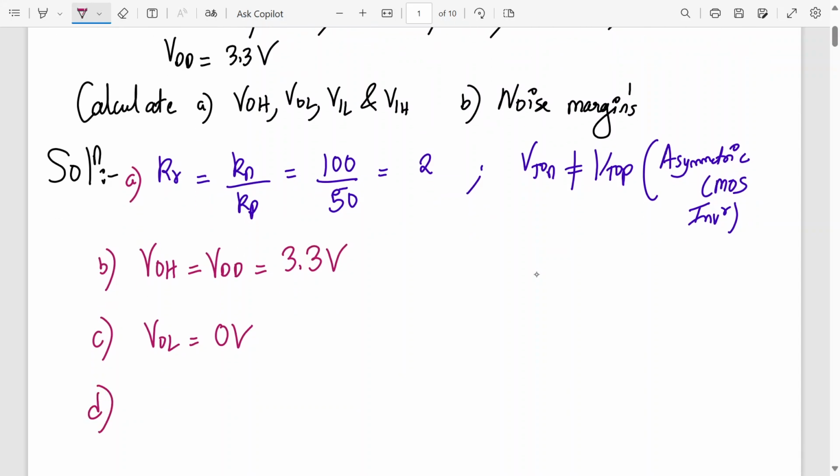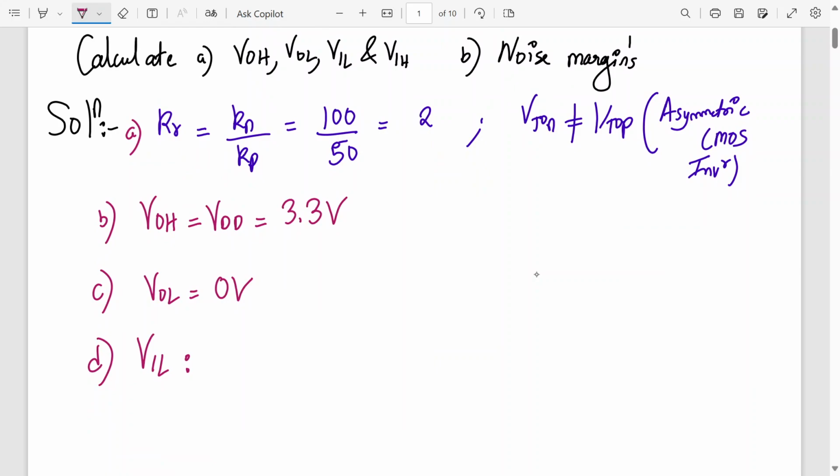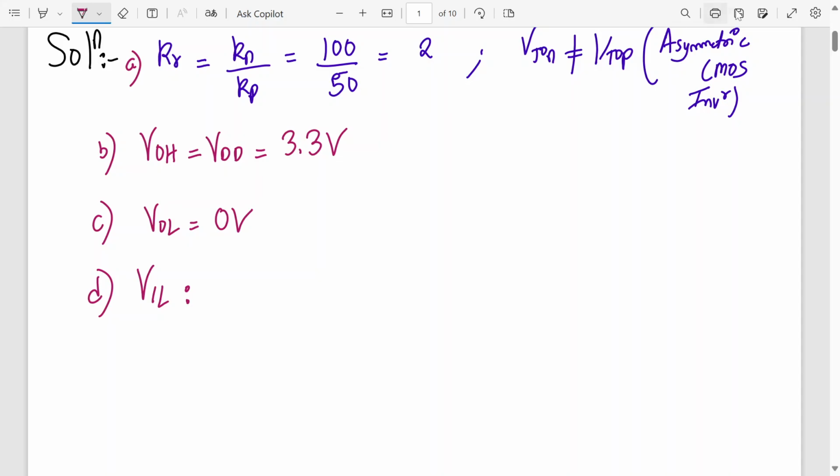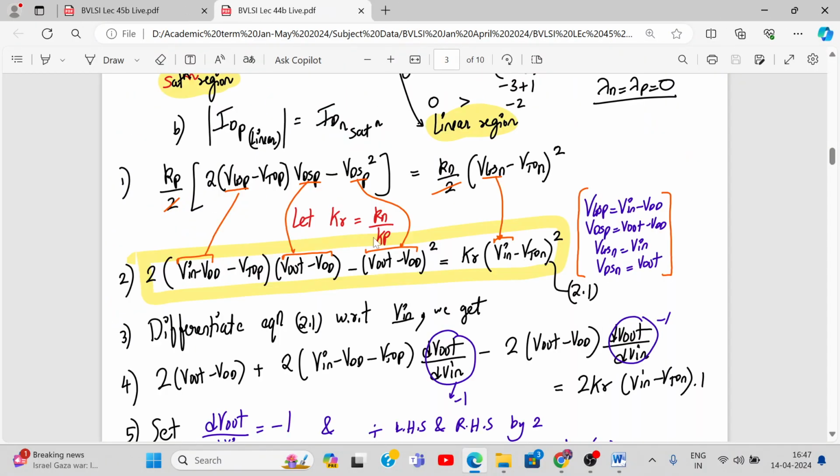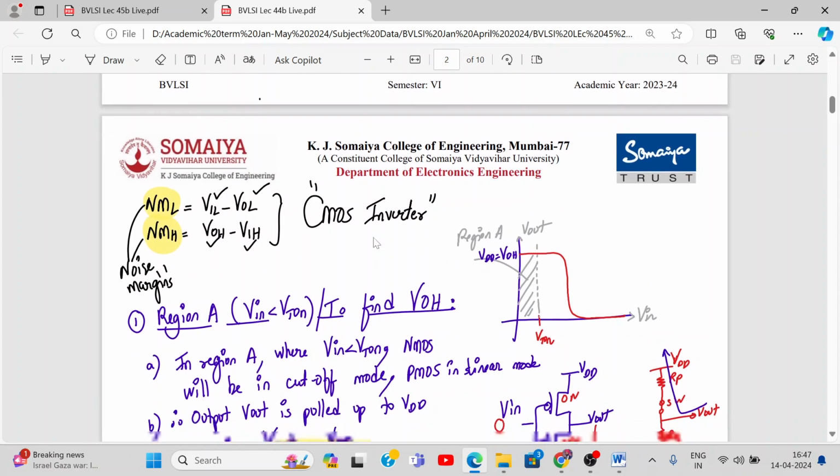Then next is finding the value of VIL. Now this I'll explain as a trick, how to calculate VIL. First of all we have to use the formula. Let me help you with reference to the derivation.